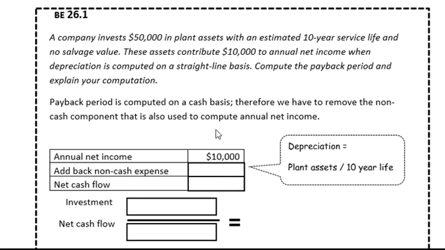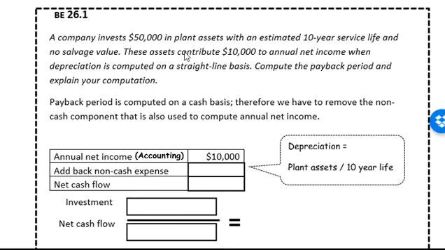And we do know that depreciation is part of the annual net income. And again, that's the accounting income. So what we're going to do now is figure out what is the amount of depreciation that is used in computing that annual accounting net income.